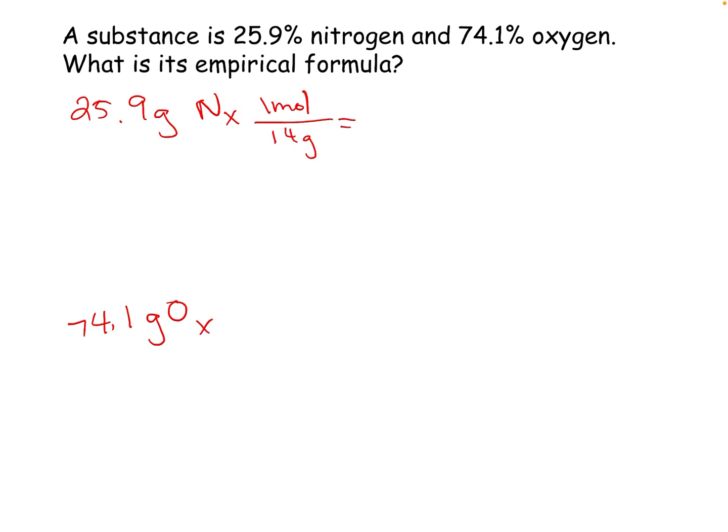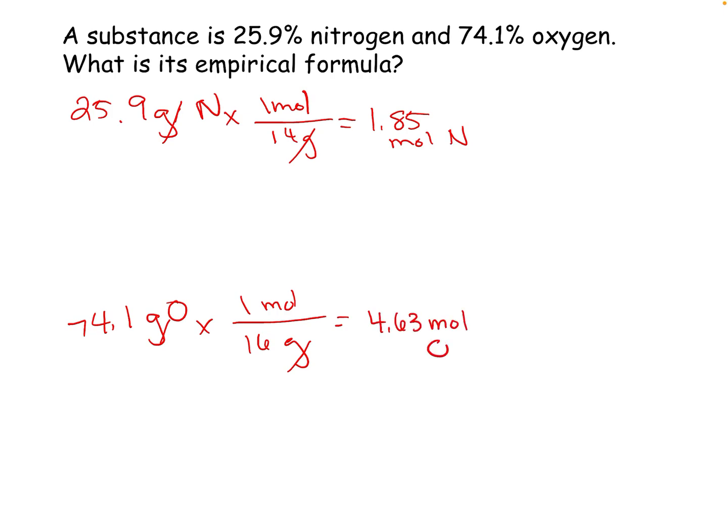And then this is, you love dimensional analysis, 1 mole is 16 grams. So grams will go away. And so 25.9, put in your calculator, divide by 14, you're going to get 1.85 moles nitrogen. Take the time to write your units out. Down here with oxygen, I'm going to do my division, and I'm going to get 4.63 moles of oxygen.